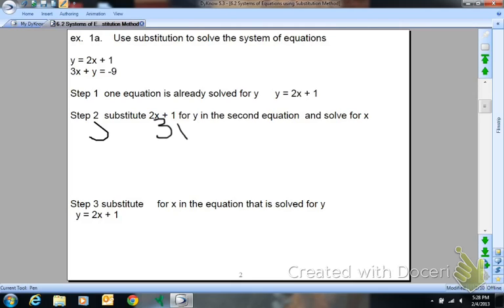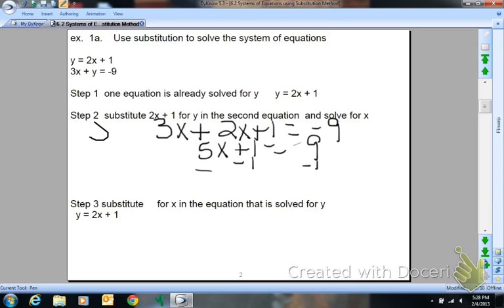So that's 3x plus y. Y we are now going to substitute in 2x plus 1 is equal to negative 9. So we're going to solve and get 5x plus 1 is equal to negative 9.